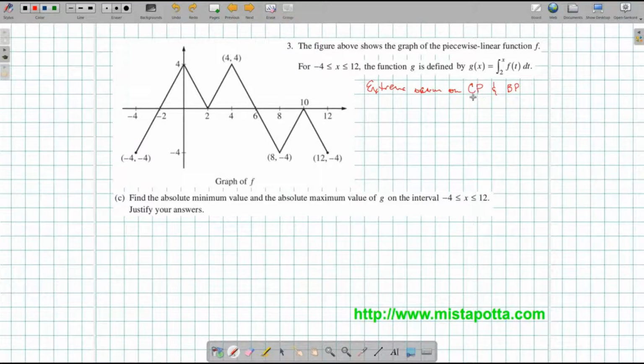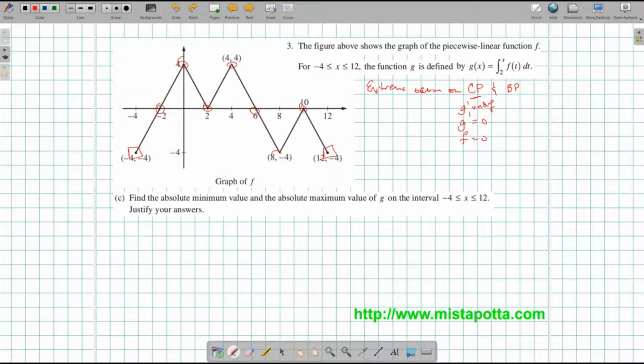I'm going to have a critical point wherever the derivative is undefined, which is at all of these corner points, or where g prime equals 0, in other words, where f equals 0, which happens here and here. And then, of course, I've also got my boundary points, which I'm going to have to consider as well.